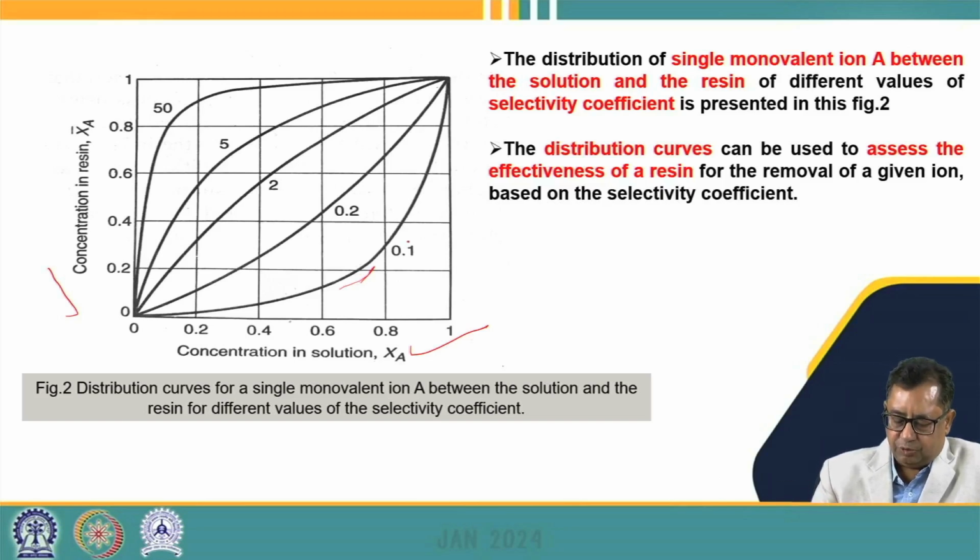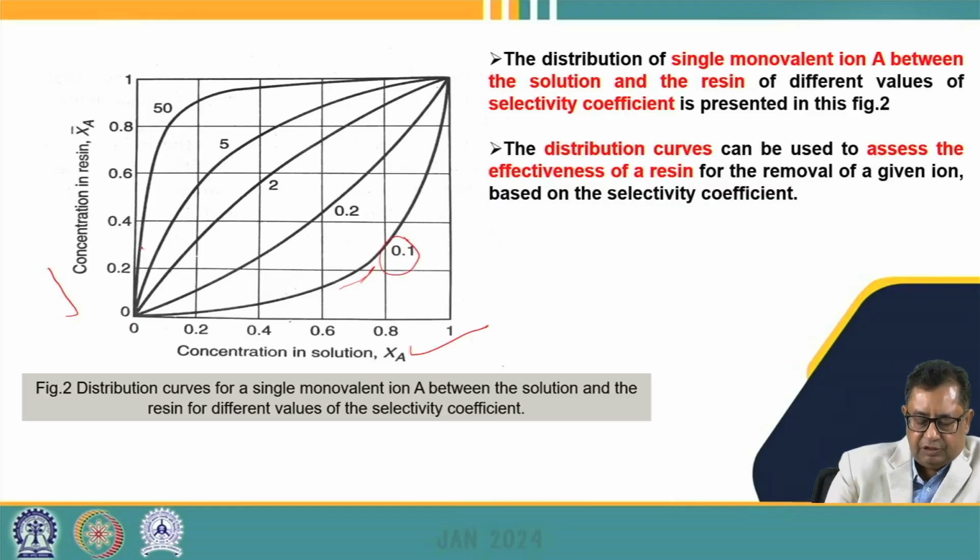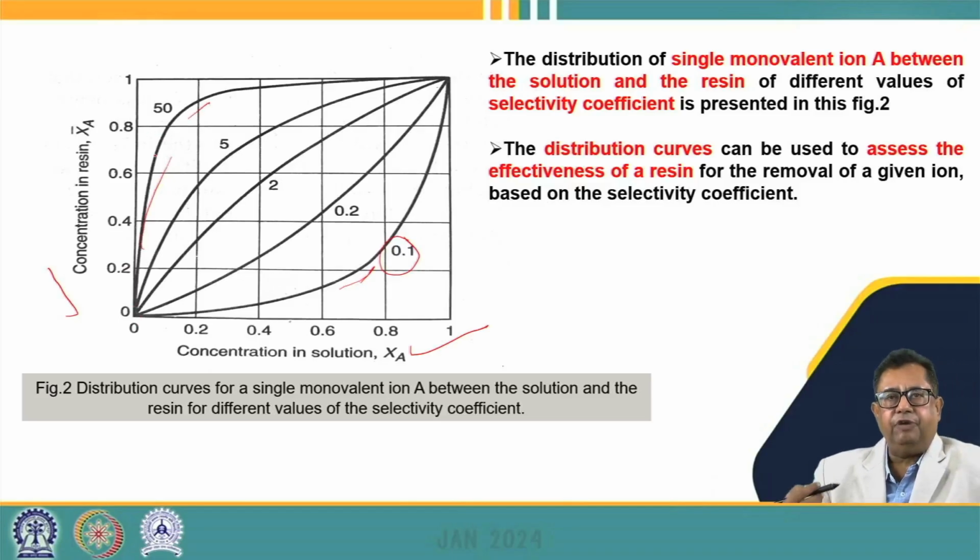As you can see at the 0.1 selectivity coefficient, mostly it is present in the solution. Similarly, as the selectivity coefficient value increases, we find that a higher fraction of the A plus goes onto the resin. So these distribution curves can be used to assess the effectiveness of the resin for removal of a given ion based on the selectivity coefficient.